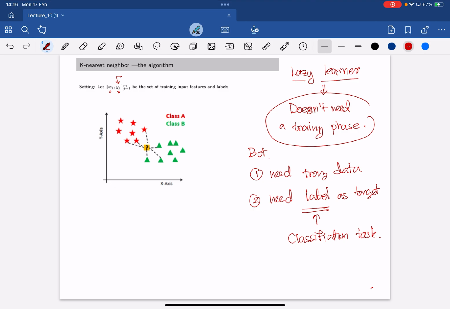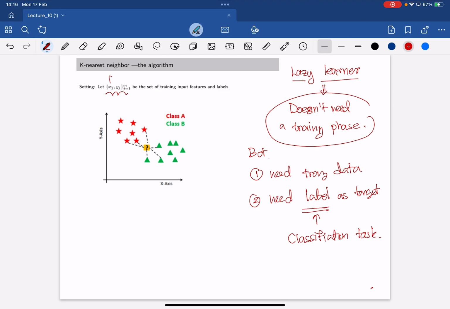Okay, so maybe I should describe how it works. Firstly, let's say we have training samples and their associated labels.